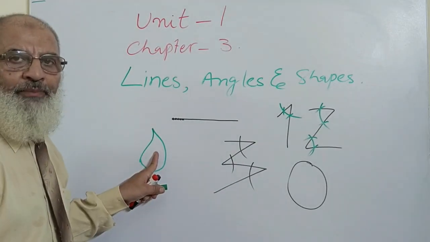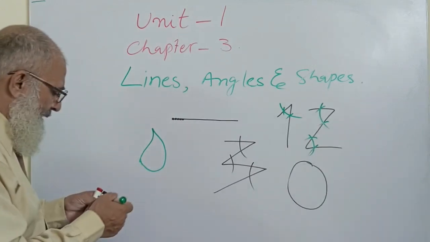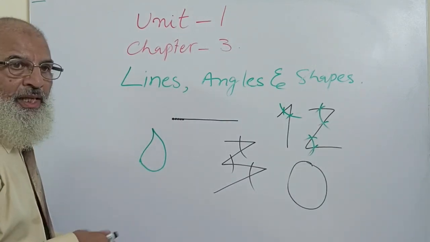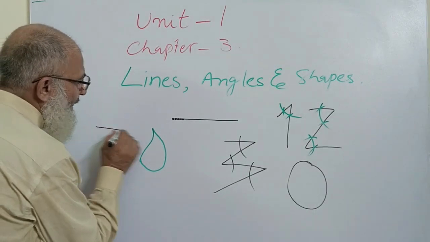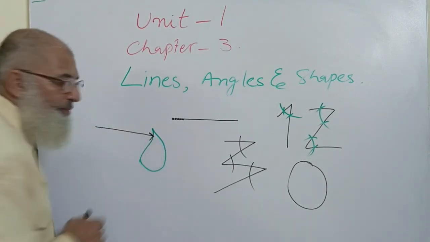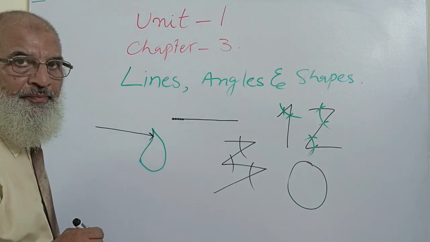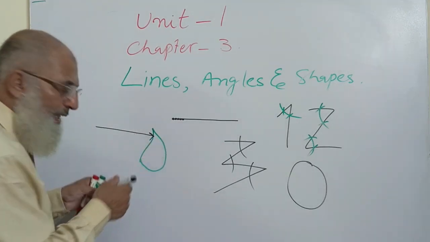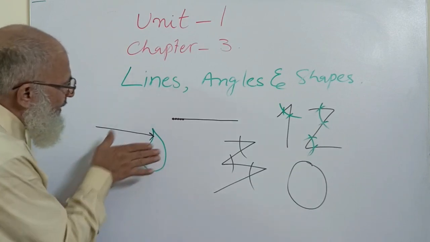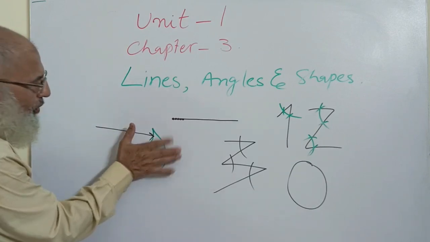If a ray of light strikes on the drop of water suspended in the air, now what happens when it enters at this point of the drop?